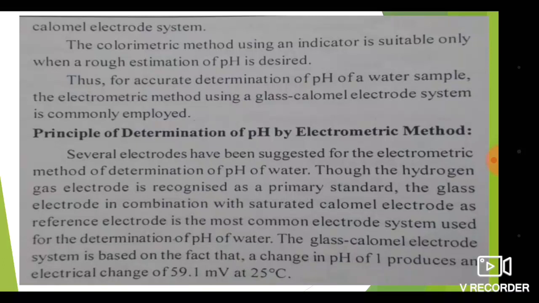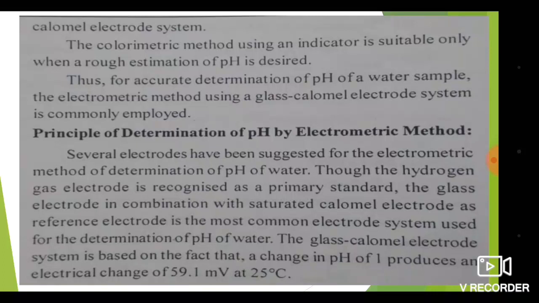The colorimetric method using an indicator is suitable only when a rough estimation of pH is desired. If we want to measure the pH roughly, then the colorimetric method is used. Thus, for accurate determination of pH of a water sample, the electrometric method using the glass calomel electrode system is commonly employed, because we will get the correct result by means of the glass calomel electrode.